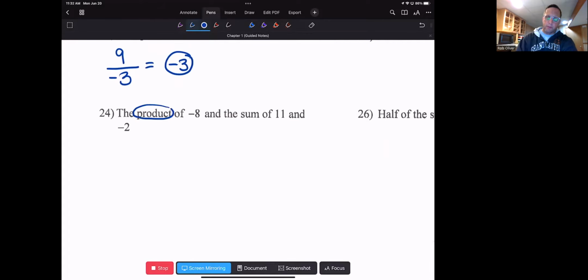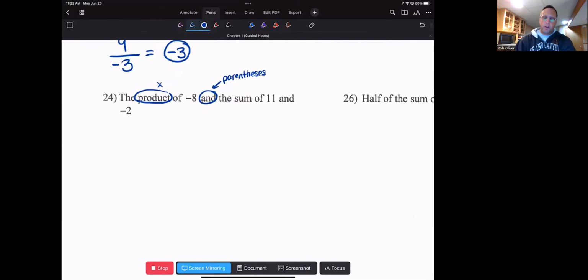Now product, that means multiplication, and is a good indicator that we have parentheses or some type of grouping involved here. So it says the product of -8, so you have -8, and then multiplied by the sum of 11 and -2. So I'm going to do -2 plus 11.